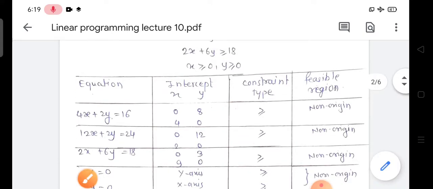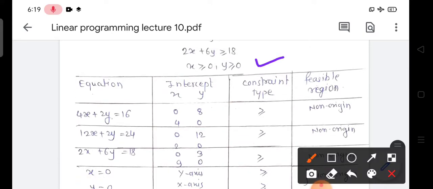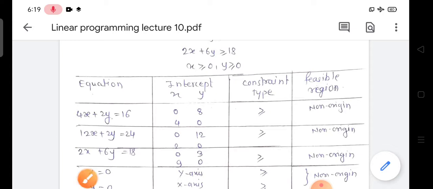Always remember this step is important because we are considering x and y as number of units. That means it's a quantity, and a quantity is never negative. That's why we always mention this last step, that x and y should be greater than or equal to 0.